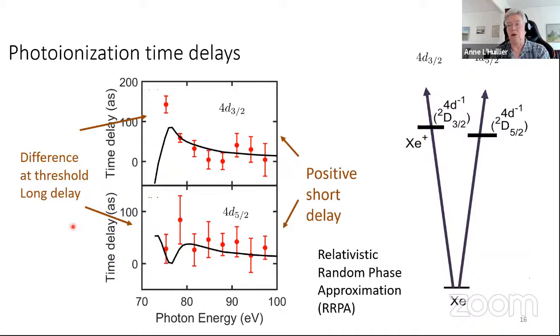In order to interpret what we see, I'm going to show you a time frequency representation of the interaction. Here we use the calculation to do this analysis. We use the fact that we know the amplitude and the phase, or the delay, the derivative of the phase in frequency. So we can do a Fourier transform, and we have both the amplitude and phase as a function of time.